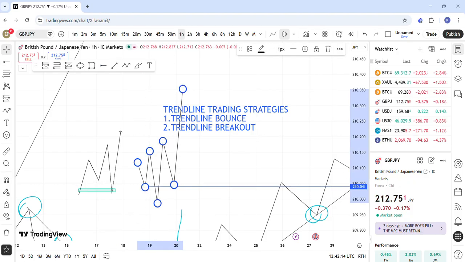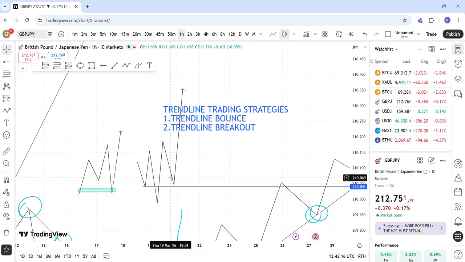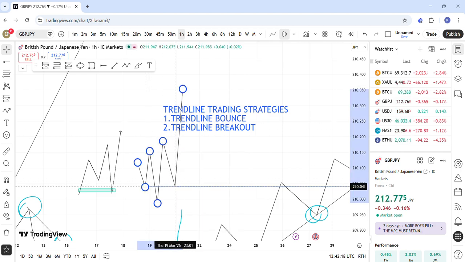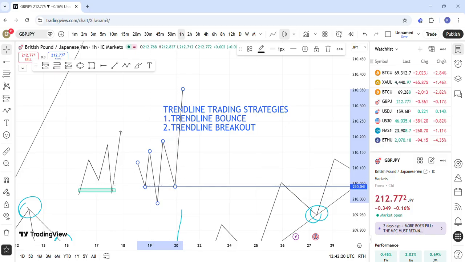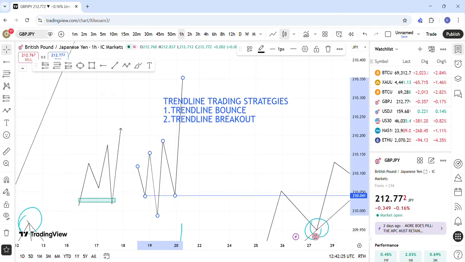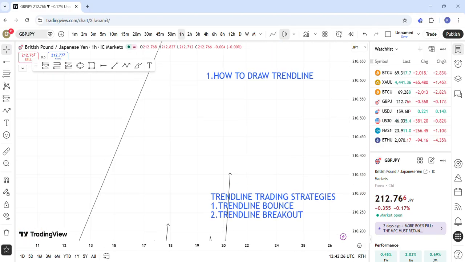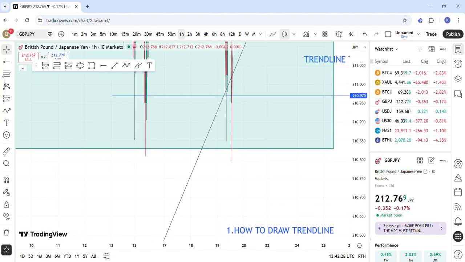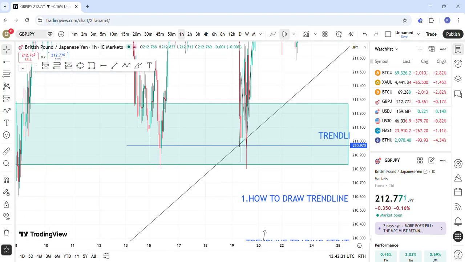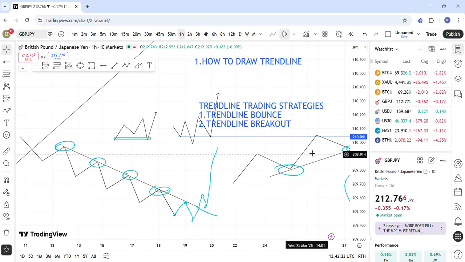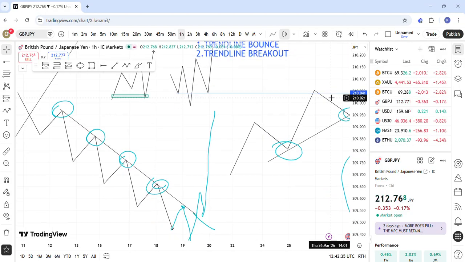This thing I'm showing you works very well on deriv. See, trendline bounce and trendline breakout, it works very well on deriv. So that's your major zone, this your golden zone. Watch out for these two stuffs I drew out for you.